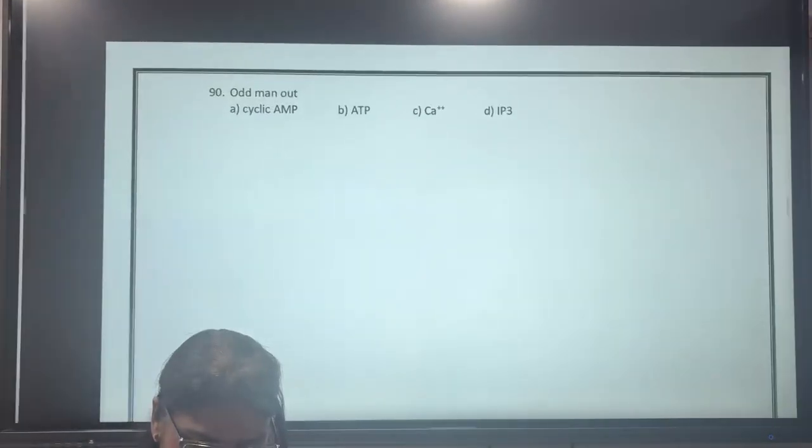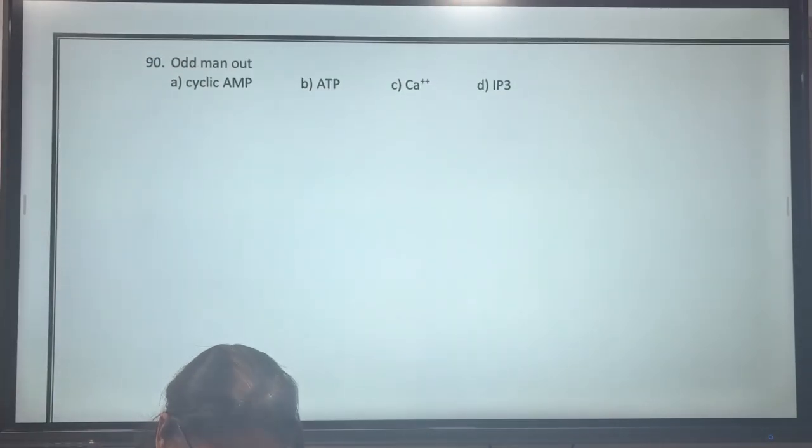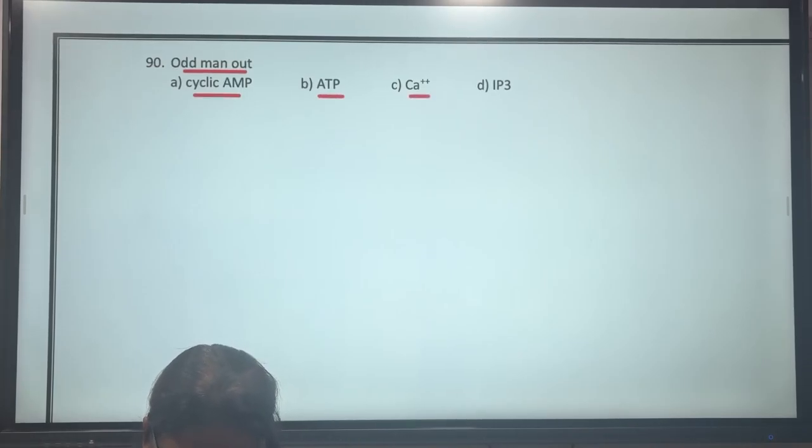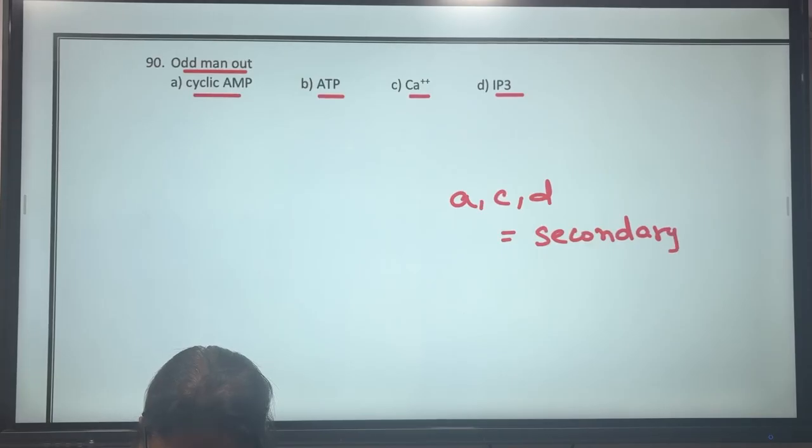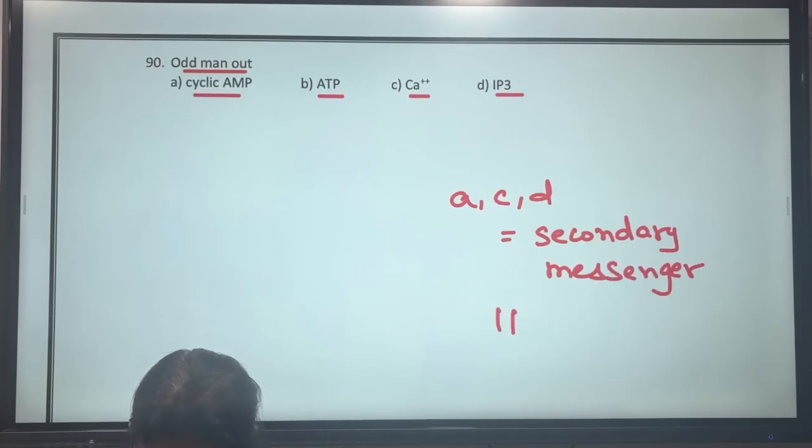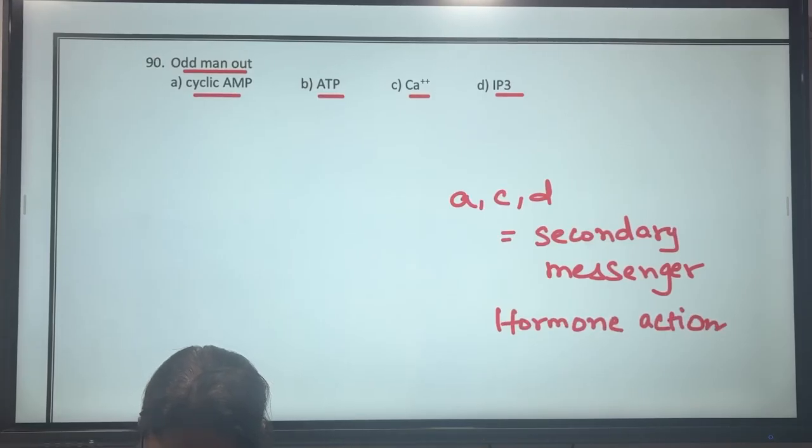Going to the last one in this test, odd man out. If you look at the options: A, cyclic AMP, B, ATP, C, calcium, D, IP3. Options A, C and D are secondary messengers in hormone action, particularly protein hormones or peptide hormones.